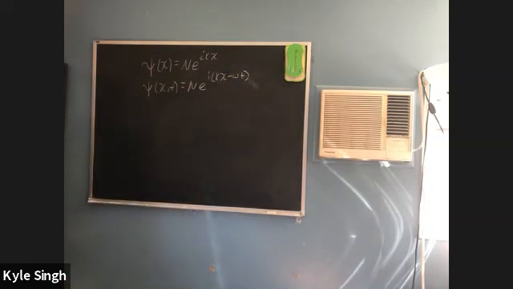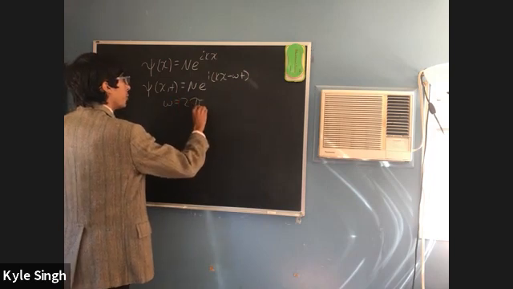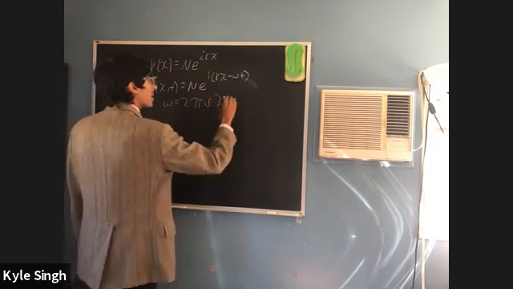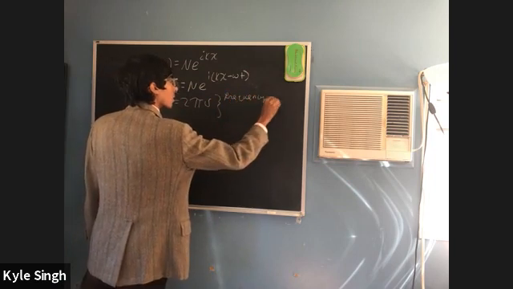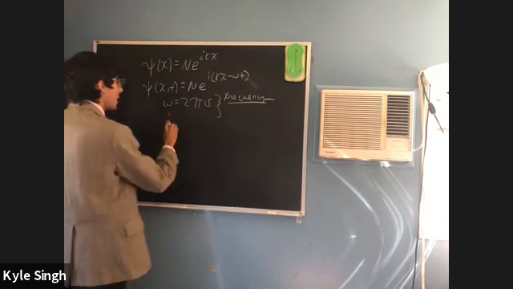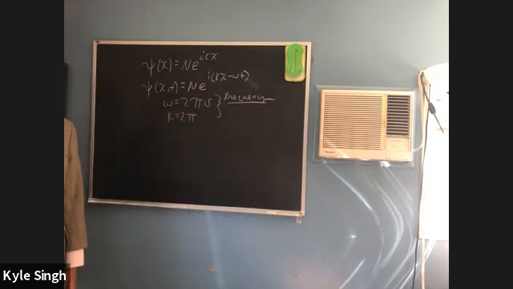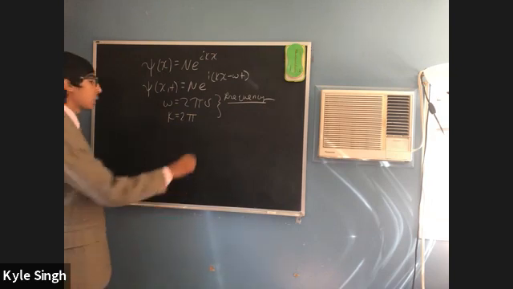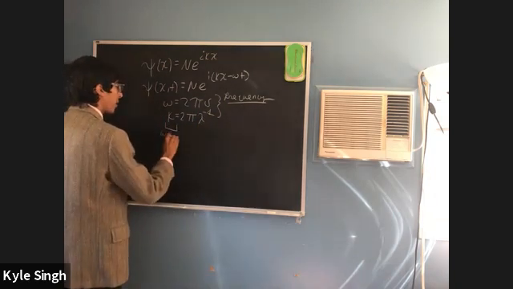That's kx minus omega t, where omega equals 2 pi mu, and this is the frequency. And k equals 2 pi lambda to the minus 1, and this is what we call a wave number.